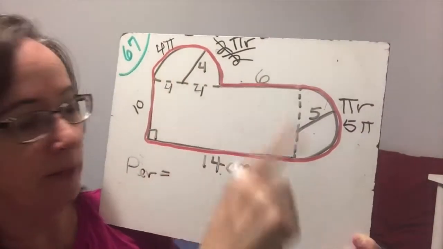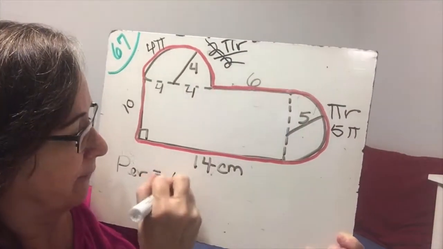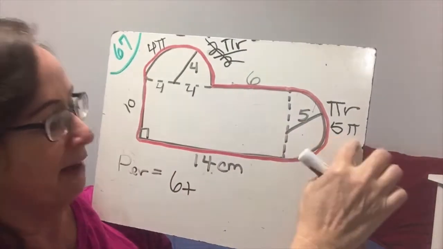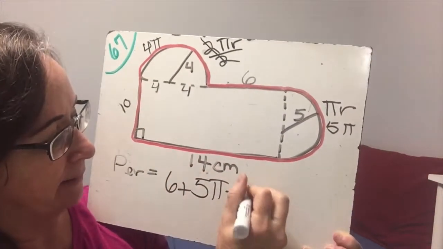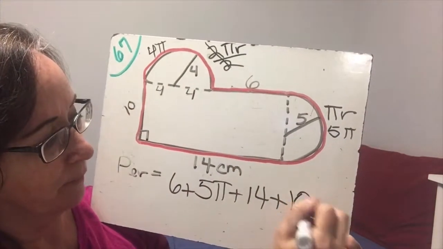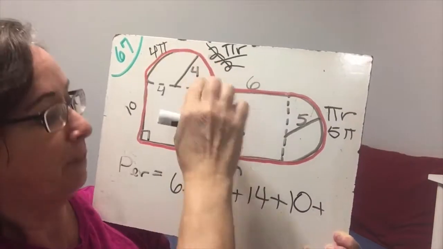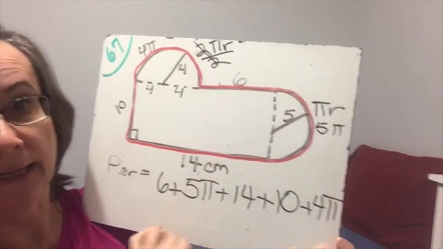Okay, so let's go all the way around. Let's start here with the 6. Starting at the 6, we have 6 plus 5 pi plus 14 plus 10 plus 4 pi. And then we're back to the 6 again.